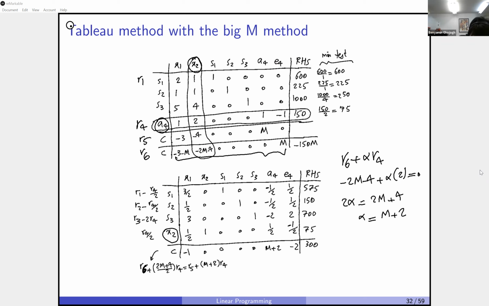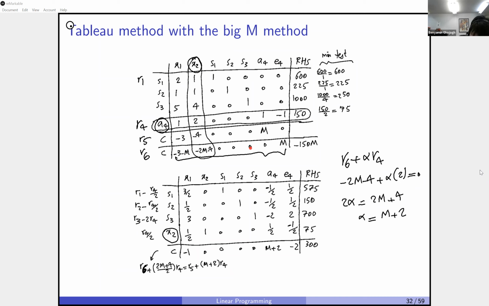Therefore, I will have R6 plus (M plus 2) times R4. And if you calculate this, for example, here, minus 3 minus M plus (M plus 2) times 1 will give you minus 1. Minus 2M minus 4 plus (M plus 2) times 2 gives you 0. 0, these are 0, 0, 0.